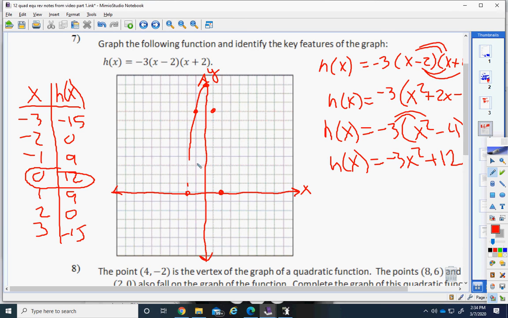Remember, it's supposed to be U-like in shape. I do have a hard time drawing with this pen a bit, so sorry for not being perfect.